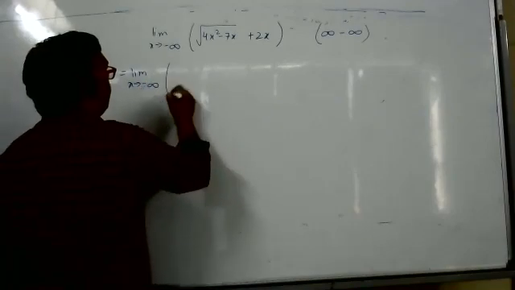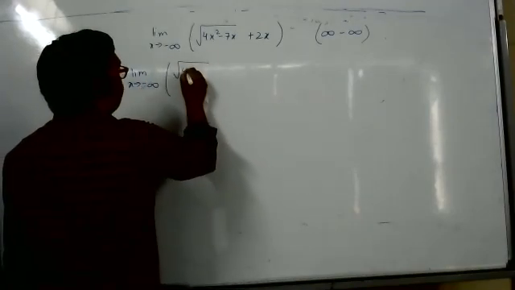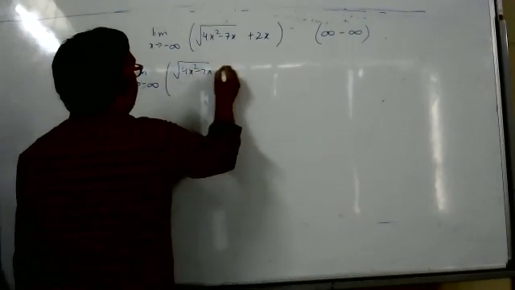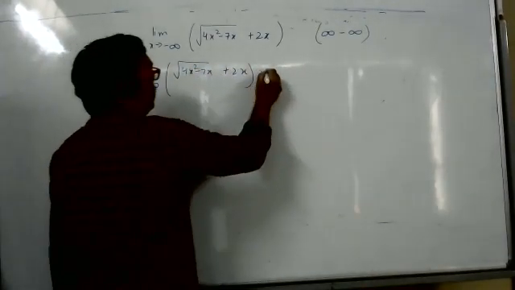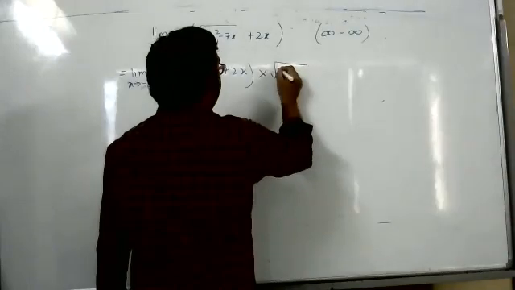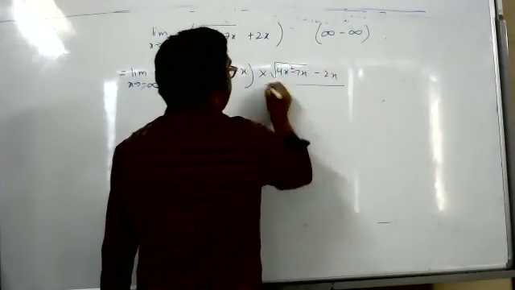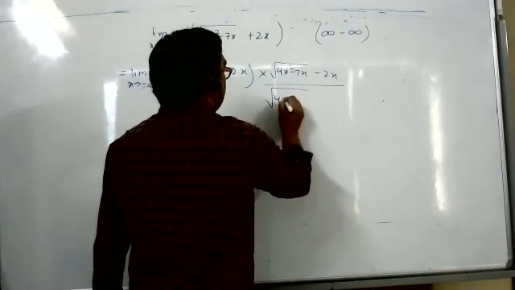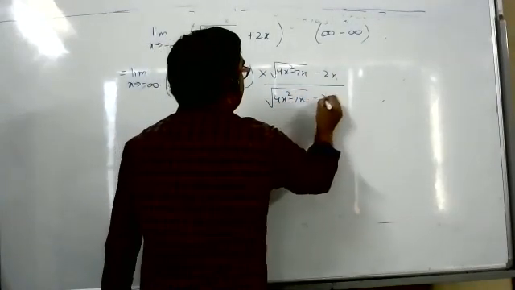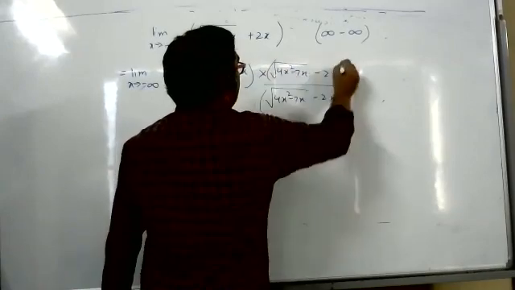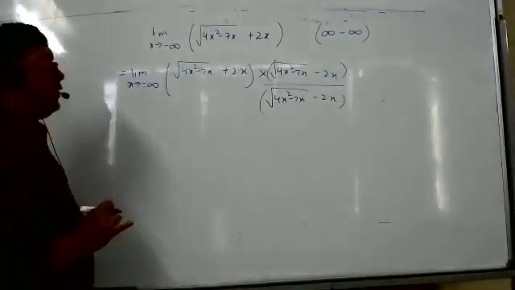So what should I do now? Square root of 4x square minus 7x plus 2x, I will multiply and divide by its conjugate, square root of 4x square minus 7x minus 2x. This is the rationalization.